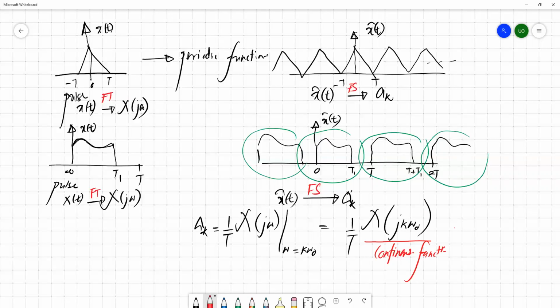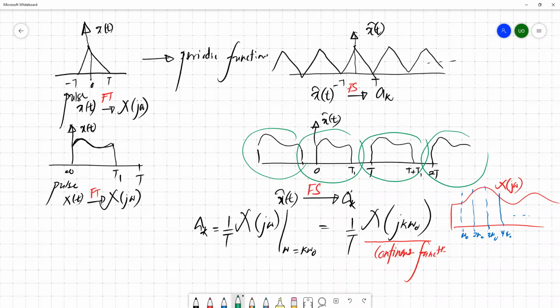So let's assume like this. This is a continuous function X(jω), so we can sample it at the ω0 rate. The first sample would be ω0, the second sample would be 2ω0, the third sample would be 3ω0, then 4ω0, likewise.